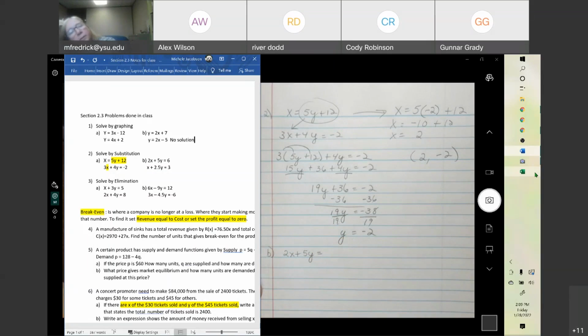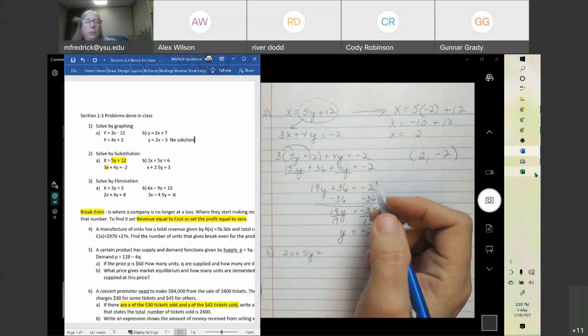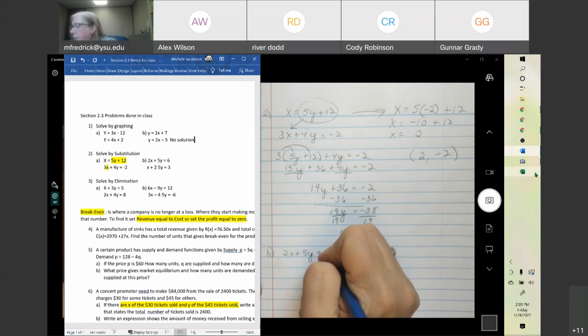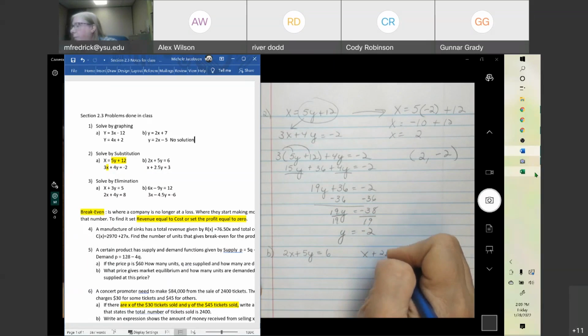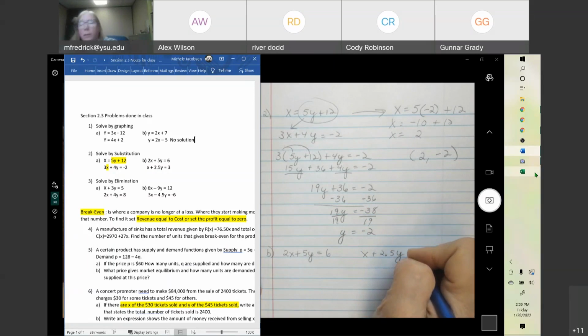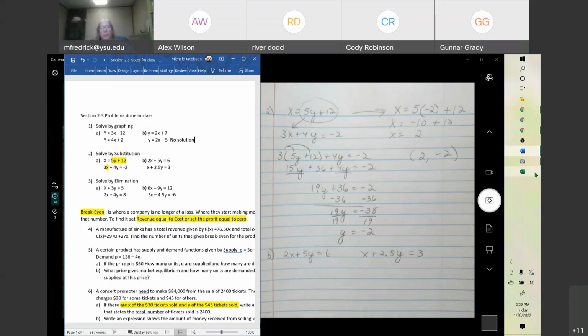The second one, part B, 2x plus 5y equals 6, and x plus 2.5y equals 3. Now, this is one that, of course, we haven't learned elimination yet, which is the next one.